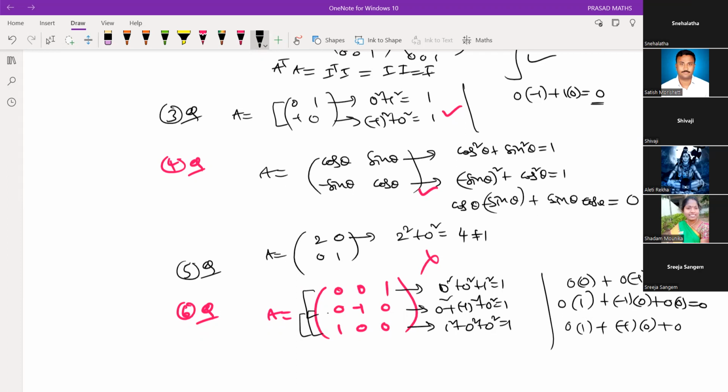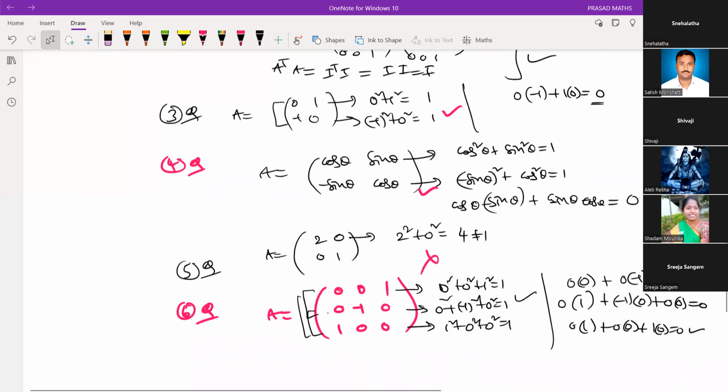Already we have done it for the second and third. Next, first and third: 0 into 1 plus 0 into 0, 1 into 0, this is equal to 0. So therefore it is orthogonal.